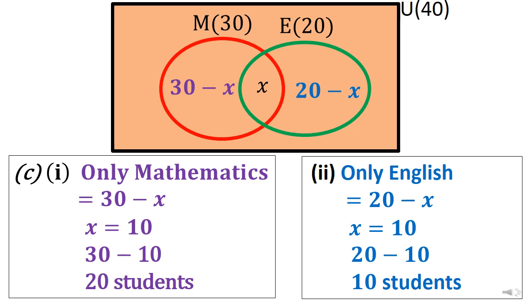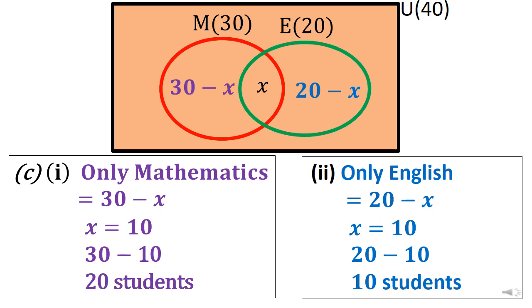II, only English. We know that English is green on our Venn diagram. Only English is the other portion excluding the intersection.